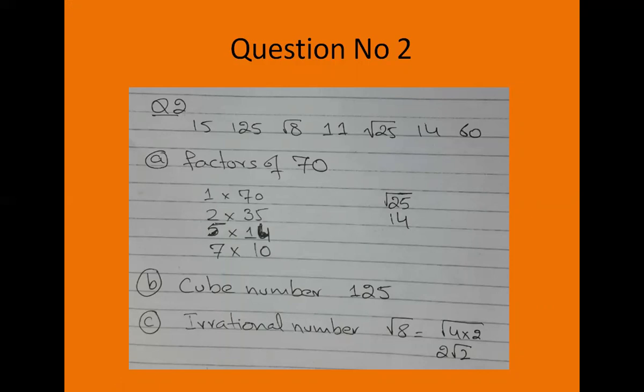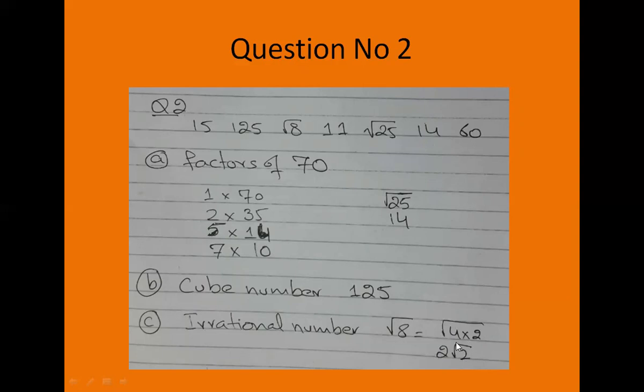Then he says irrational number. The very famous irrational number is pi, and the other very famous irrational numbers are the square roots of prime numbers. So you have in the list under root 8. Under root 8 means under root 4 multiplied by 2, and this 4 will come out of the square root, and this under root 2 will be left.